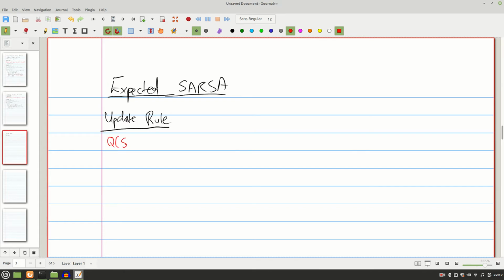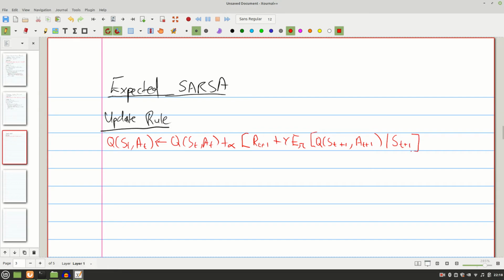So you have Q(s_t, a_t) being equal to Q(s_t, a_t) plus alpha times [r_{t+1} plus gamma times the expectation under pi of Q(s_{t+1}, a_{t+1}) given you're in s_{t+1}, minus Q(s_t, a_t)].